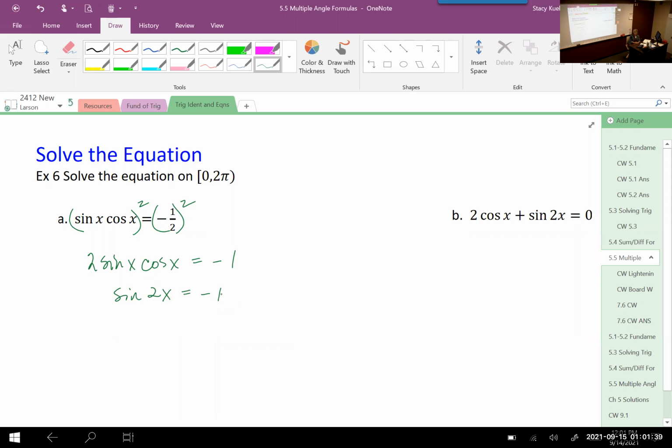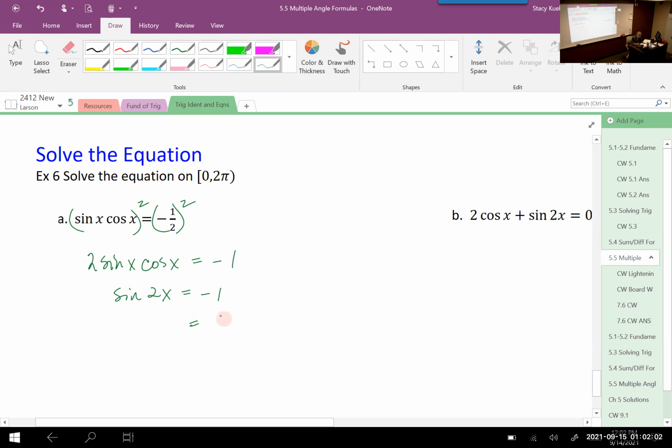Because sine, so what angle when I take the sine of it am I going to get -1? Doesn't that occur at 3 pi over 2? And then going around again, that would be 7 pi over 2, something like that, right? I'm looking at the answers thinking, okay.